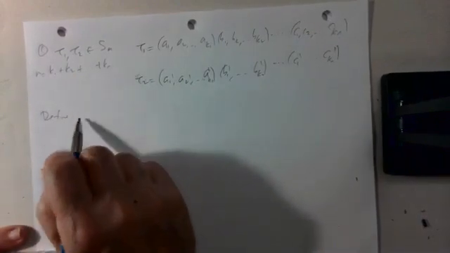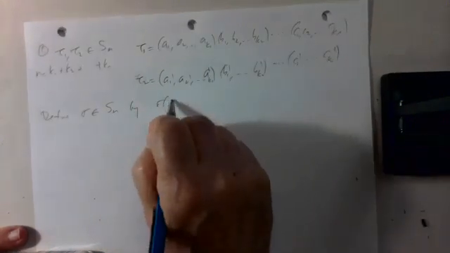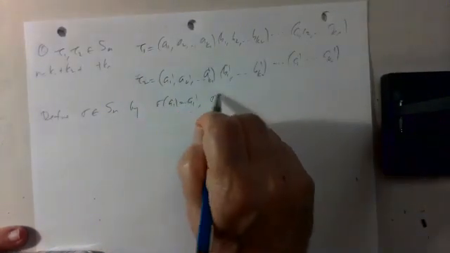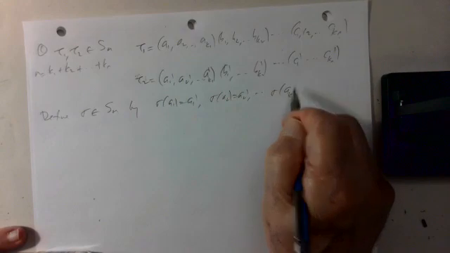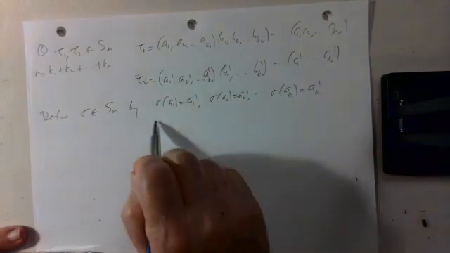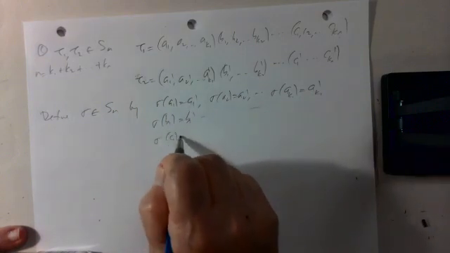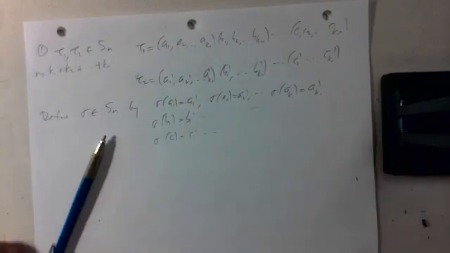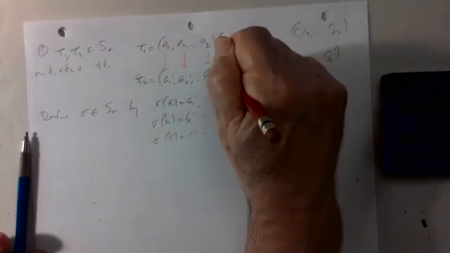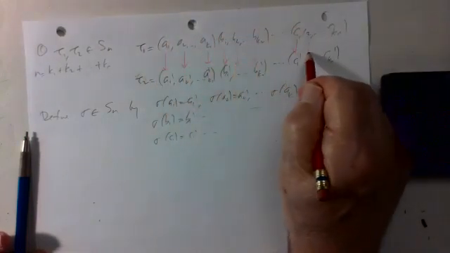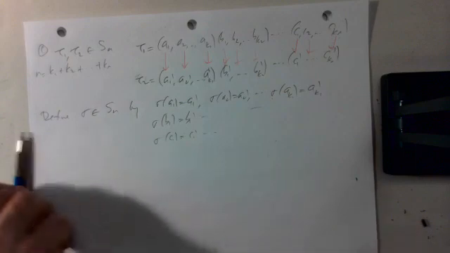So if I define a permutation sigma in Sn by sigma of A1 equals A1 prime, sigma of A2 equals A2 prime, and so forth, sigma of A sub K1 equals A sub K1 prime, sigma of B1 equals B1 prime, and so forth, sigma of C1 equals C1 prime. So I'm defining a permutation that sends A1 to A1 prime, A2 to A2 prime. I'm just pairing off the elements like this, and that is a permutation. It's a one-to-one and onto mapping from Sn to itself.